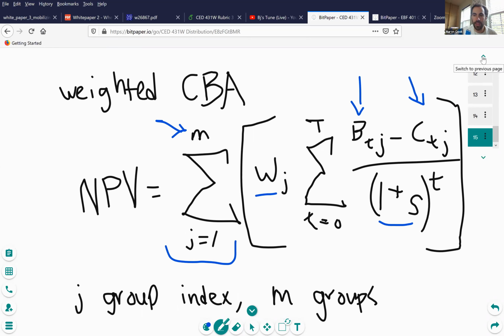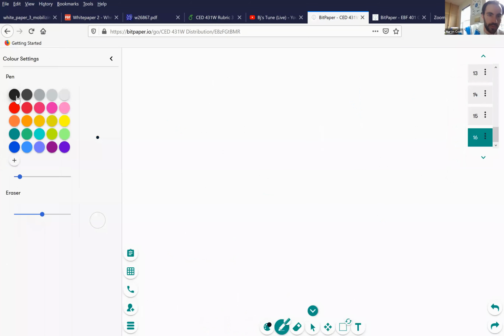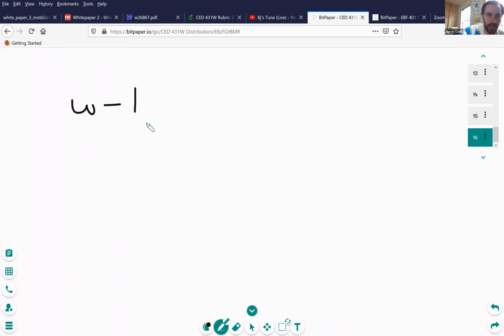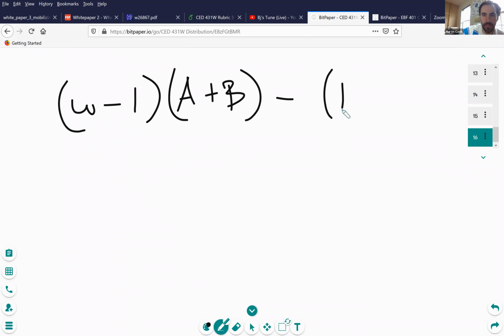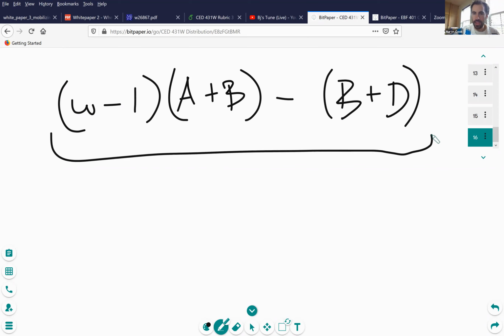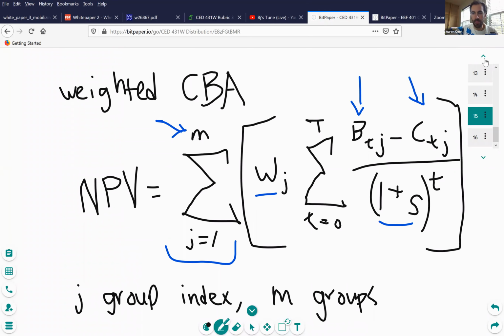If we had the (W minus 1) times (A plus B) minus the (B plus D), that would already implicitly be the specific expression that would apply using this general framework.